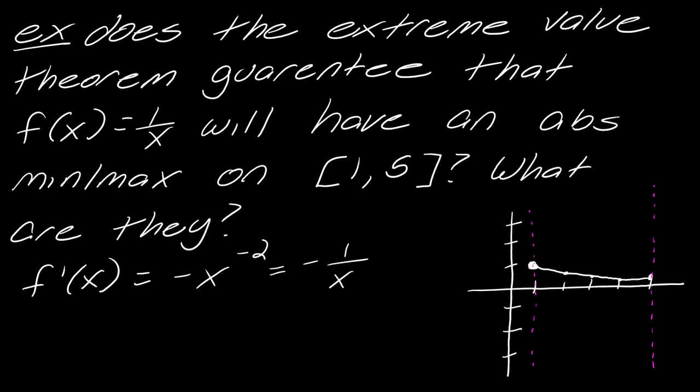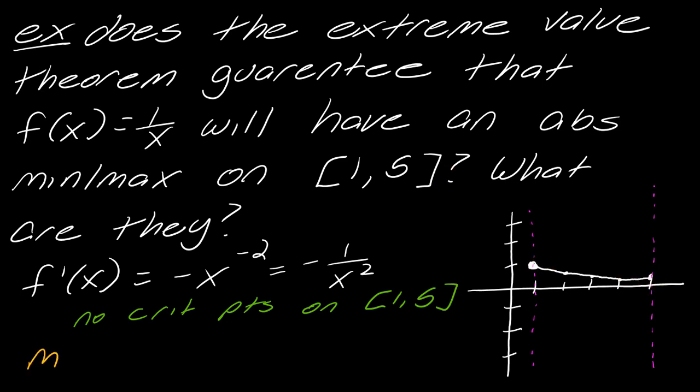So this is negative 1 over x squared. The only critical point here would be where x equals 0, and that's not in our closed interval. So in this case, there are no critical points on that closed interval. Then the only possible max and min would be the endpoints. And I can see now just by looking at this, this is the max, this is the min.